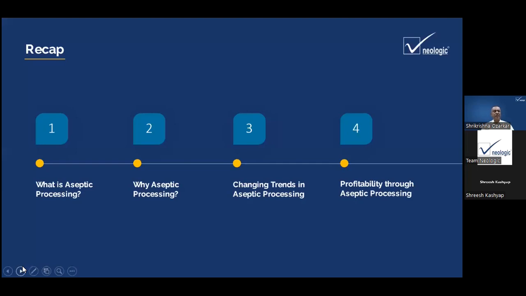So just a recap of what we have learned or what we have gone through today. First, what is aseptic processing? Again, the first definition, how it is processed, why it is processed, and why aseptic processing, why we have evolved from the old canning technology or hot fill technology. Then what are the current trends? We understood that in pulp or puree, we have these small bag-in-box fillers, which are processing 3 kg, 5 kg, 10 kg, 20 kg bags.